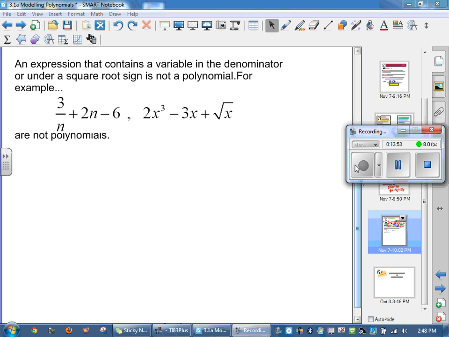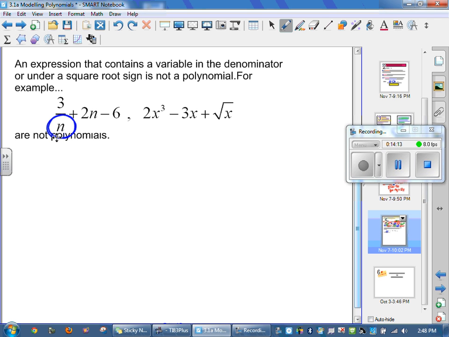Our last example here, we need to know what makes a possible polynomial. There are certain things that cannot be polynomials ever, ever, ever. Everything else is always a polynomial. Now let's see what cannot be a polynomial. If you've got a variable on the bottom of a fraction, it doesn't get the special name polynomial. Does it happen? Absolutely.